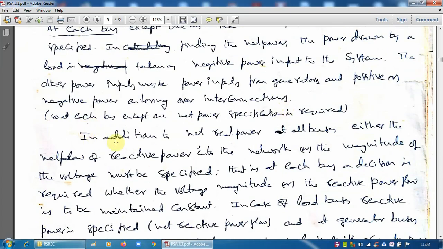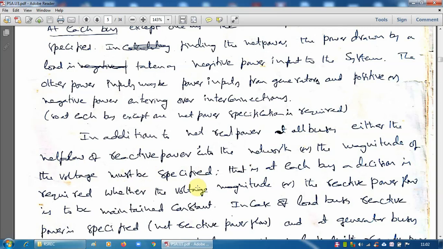Next, you see here, in addition to this net real power P at all buses except one bus, already said, a choice here is available. Net flow of reactive power, that means net Q into the network, or magnitude of voltage V must be specified. Don't be confused.